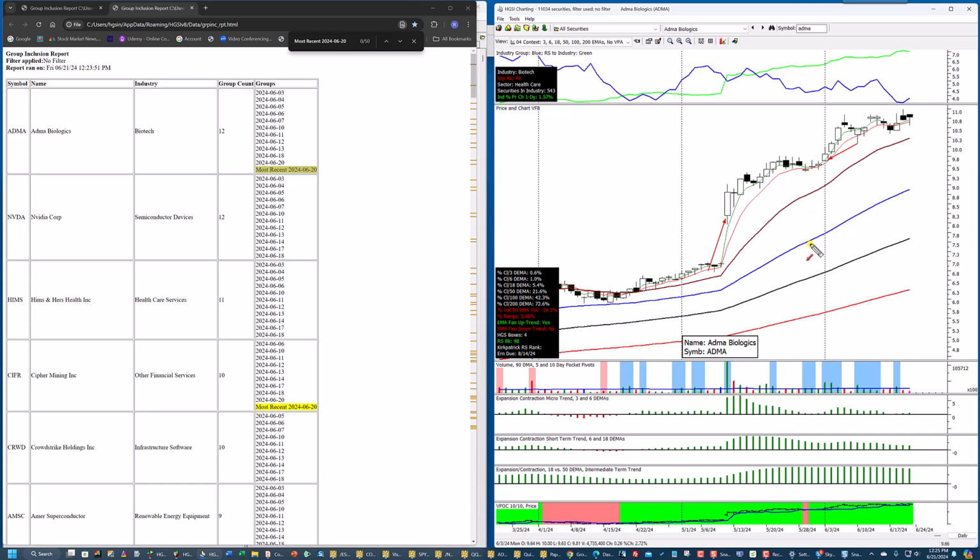But what happened? Let's take a look at it back here. You can see that it shot up. The 3 was expanding from the 6, and that is readily apparent here in this histogram, and then it started losing momentum as these moving averages came together.